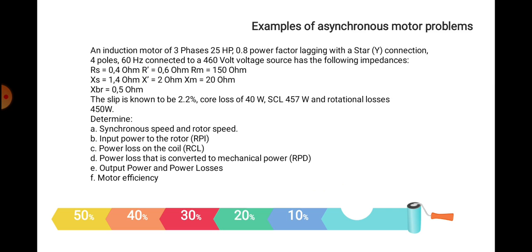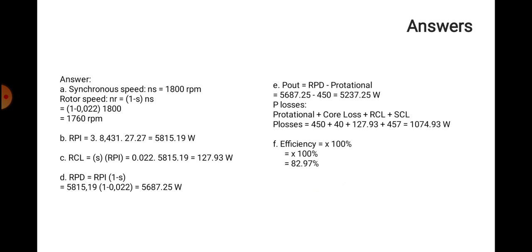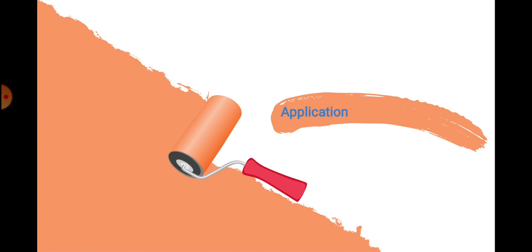The slip is known to be 1.1%, core loss 4 watts, stray load loss 457 watts, and rotation loss 450 watts. Determine the synchronous speed, the rotor speed, input power to the rotor, power loss in the coil, power converted to mechanical power, output power, loss power, and motor efficiency. This is the answer to the previous question.